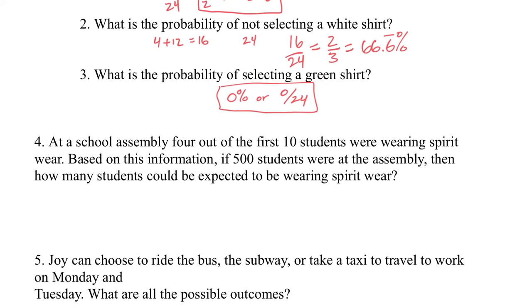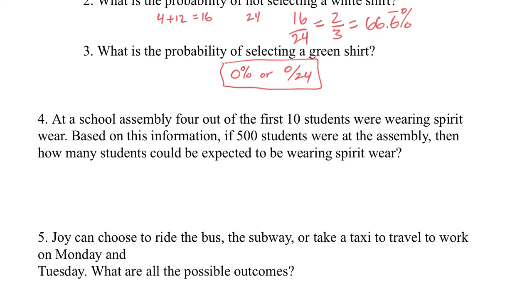Okay, next, at a school assembly, 4 out of the first 10 students were wearing spirit wear. Based on the information, if 500 students were at the assembly, then how many students would be expected to be wearing spirit wear? Well, four out of the 10, it said, were wearing the spirit wear. So how many X out of 500 would we expect to be wearing spirit wear?